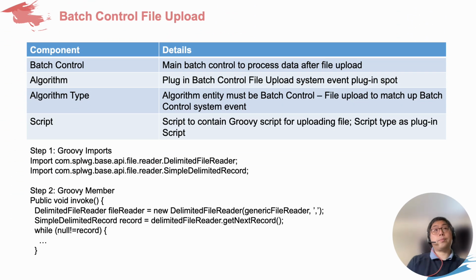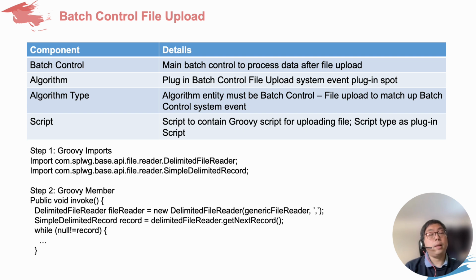Okay, so the ask was how we can write a Groovy script based on file uploads for batch control. Now, the batch control itself has to be implemented in Java. At the moment, I don't think there is any option to write it in Groovy.